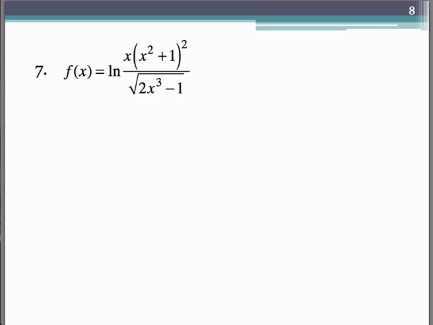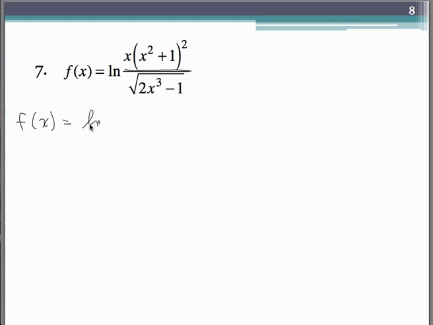So what we're going to do is rewrite this by using those laws of logarithms. Remember the fact that you have this quotient. You are going to have natural logs that are subtracted at some point, but we do need to break up that numerator. And since in the numerator we have x times that quantity, remember when we break those apart with the logarithms, they're going to be added.